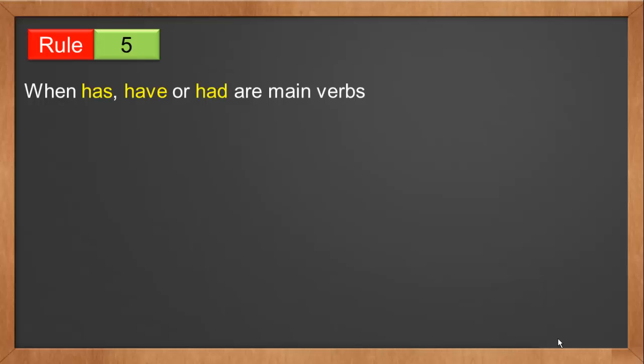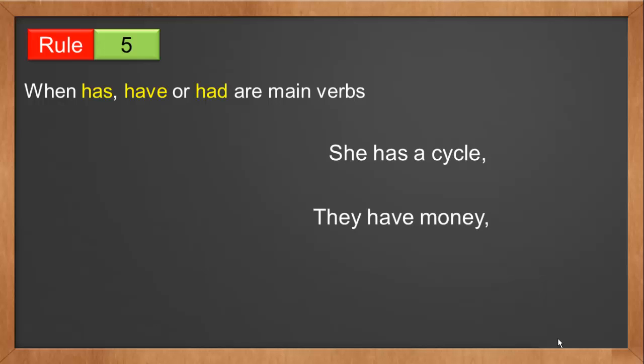Rule number 5. When has, have, or had are main verbs, not auxiliary verbs, we use this particular rule. For example, she has a cycle. They have money. He had fever.